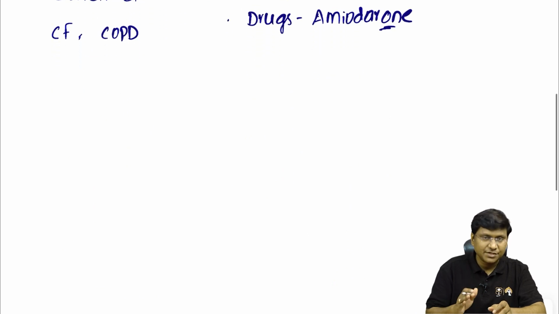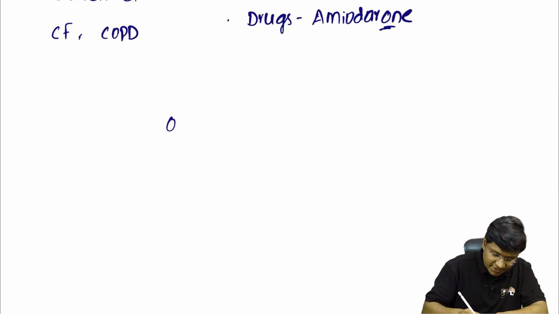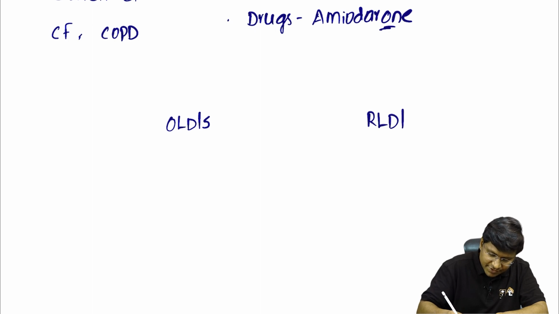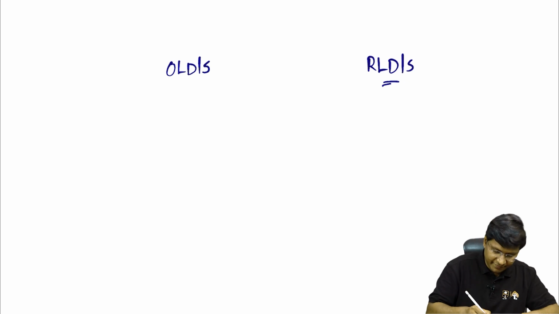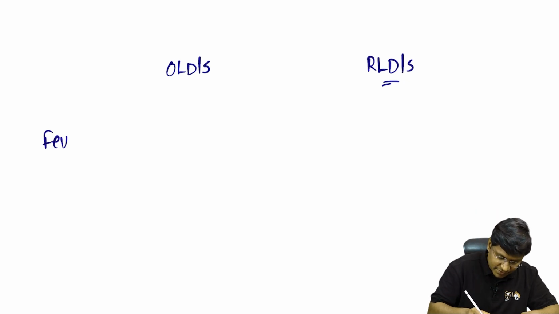Now, how will you be able to differentiate the obstructive lung diseases from the restrictive lung diseases? First and foremost, the very important point of difference is the FEV1 by FVC.